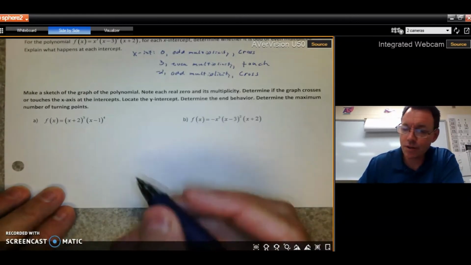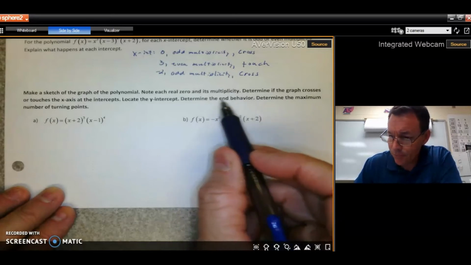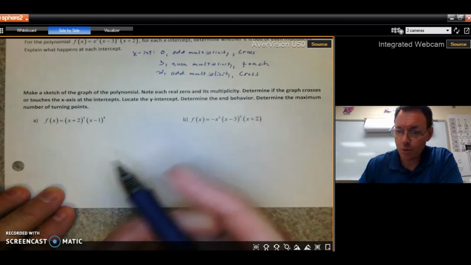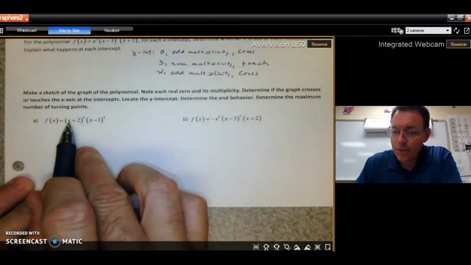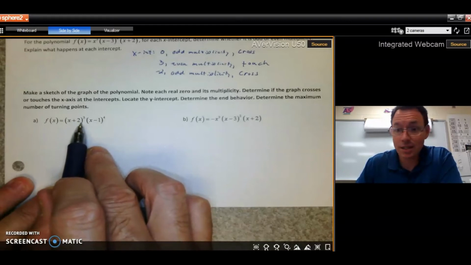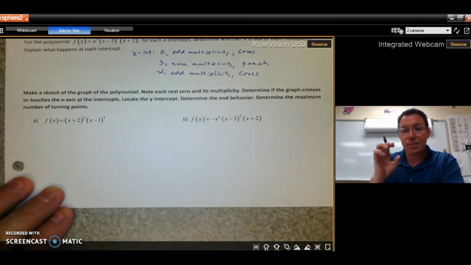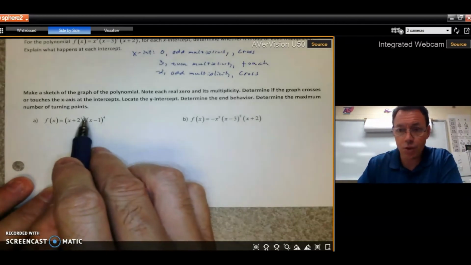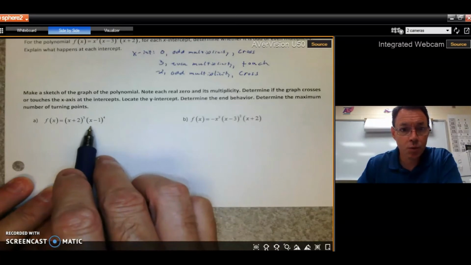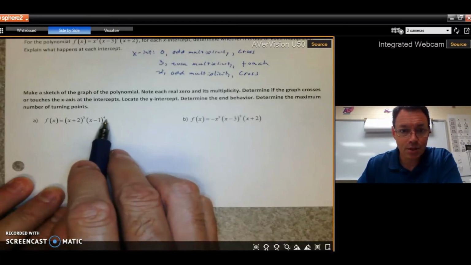So first off, to determine the end behavior, we need to know what the overall degree of this polynomial is. Well, this is an x plus 2 cubed. If you were to multiply this out, and I'm not telling you to multiply this out, but if you were, the leading x term would be x cubed. That would be the degree of this, x cubed. If you were to multiply this all out, the leading term would be x to the 4th.